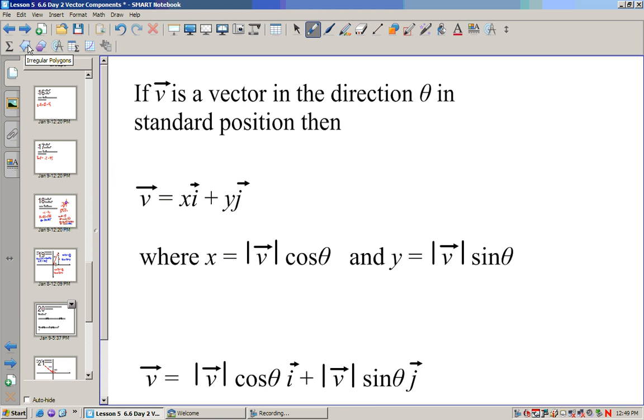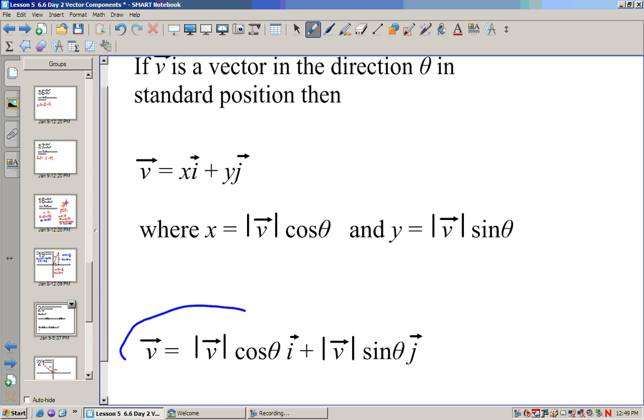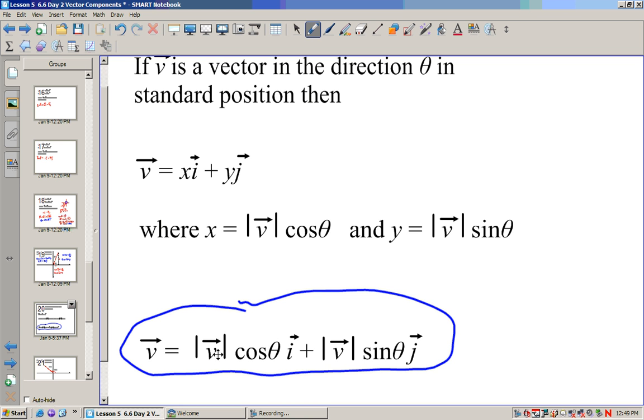Now, if v is a vector in the direction of theta in standard position, then vector xi plus yj, where x is the magnitude of v times the cosine of theta and y is the magnitude of v times the sine of theta, we'll know that if we want to write this vector in terms of its components, we'll write it in this form: the magnitude times cosine of theta i plus magnitude times sine of theta j.